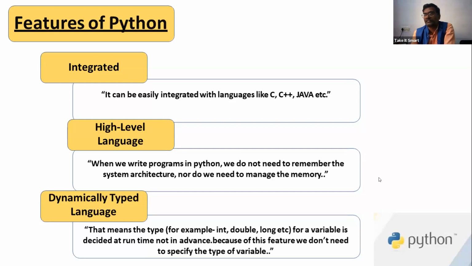So name will be a string, and roll number will be an integer, or marks will be an integer. Python also supports this, but here you don't require to declare while using the variable in the program.